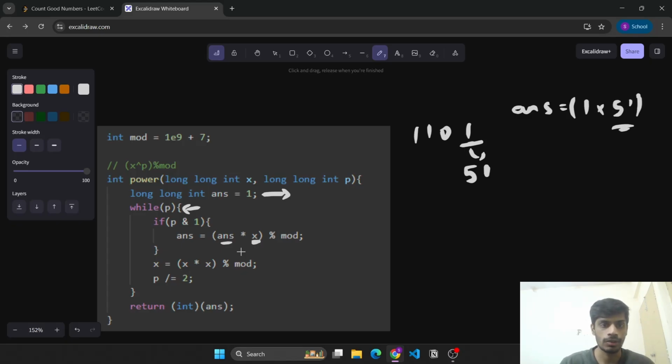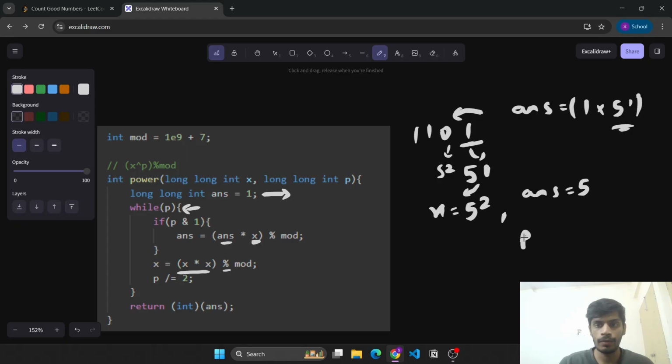Now answer becomes this. And now when we move this side, we want 5 to the power 2 here, right? Hence we multiply x by itself so that this 5 to the power 1 becomes 5 to the power 2. So now new x would be 5 to the power 2, and answer is currently 5, and p will be 110, right?